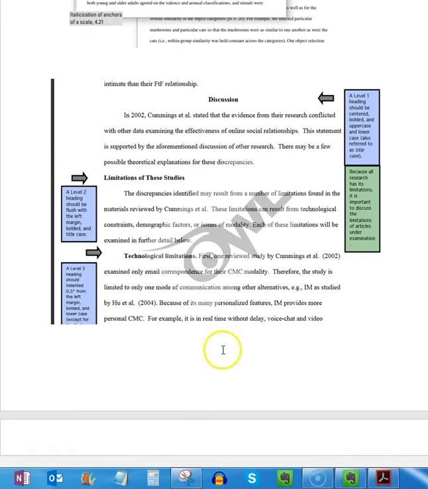So again, here's another example where the level 1 heading is Discussion in this case. It's bold, it's centered. Only the first letter is capitalized. A level 2 heading is all bold. It is left justified. Notice there is no extra spacing between paragraphs.